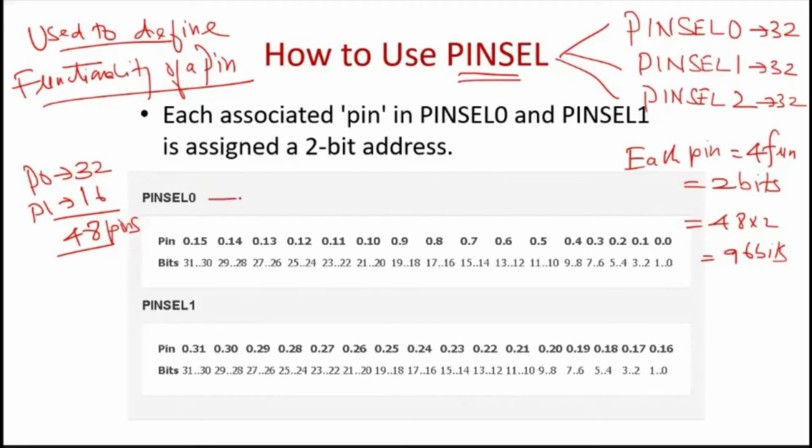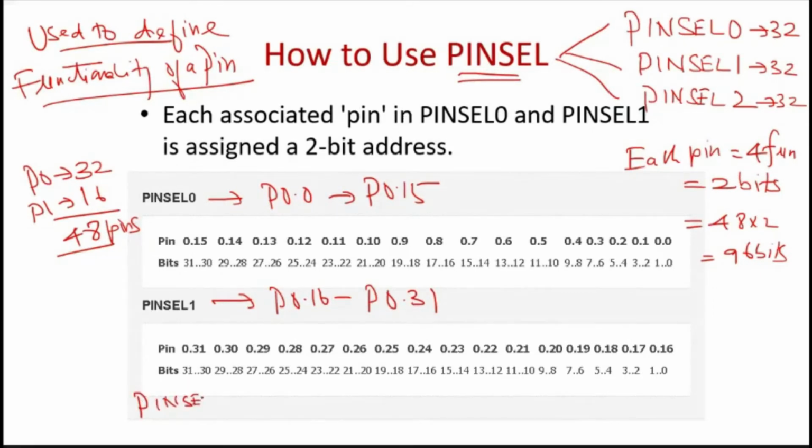Pin select 0 deals with port 0.0 to port 0.15. Pin select 1 deals with port 0.16 to port 0.31. Pin select 2 deals with port 1.16 to port 1.31. So these are the 48 pins which these 3 SFRs deal with.